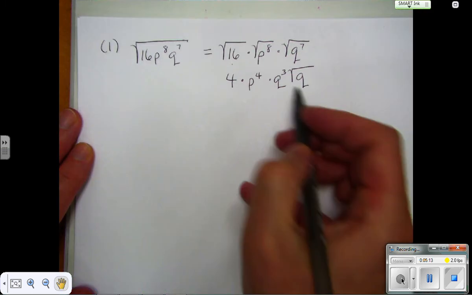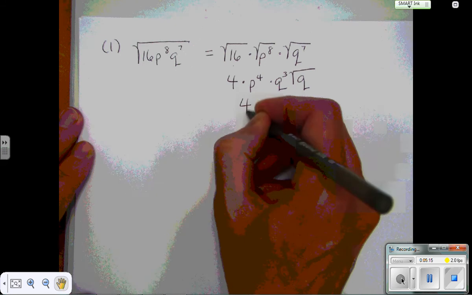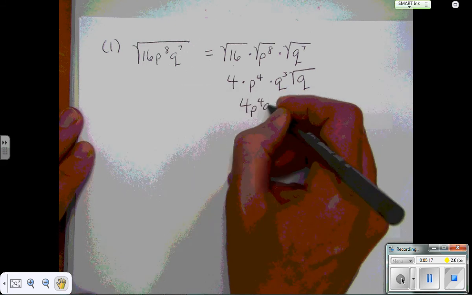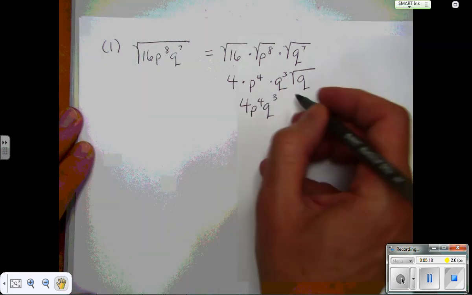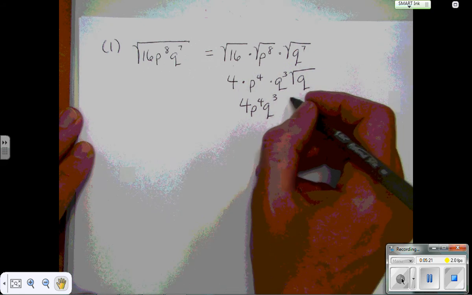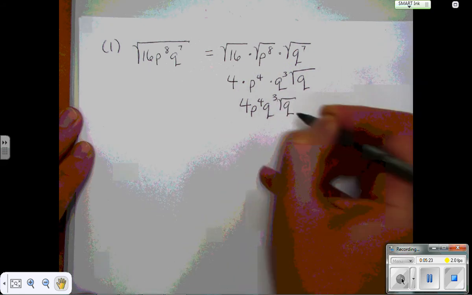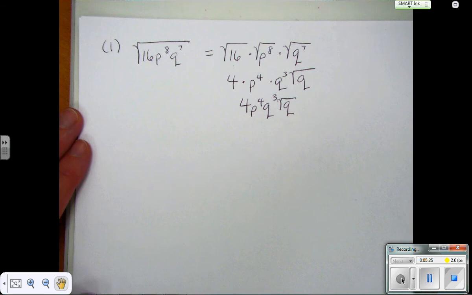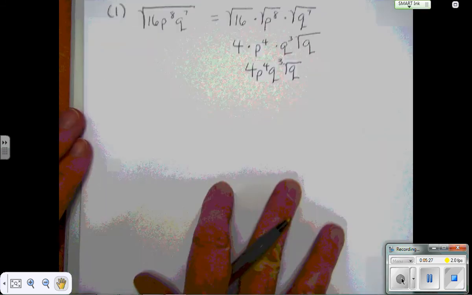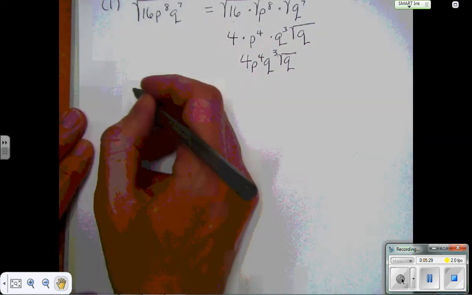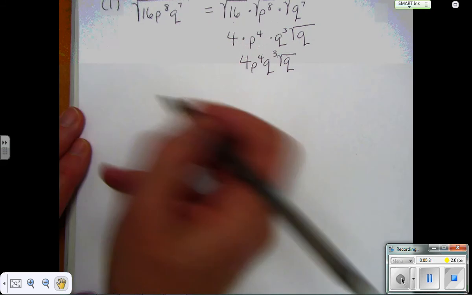So writing it all together without any of the little multiplication dots in between, you'd have 4 times p to the fourth, q to the third, square root of q. So let's do another one where you just have a radical left inside. This is not on your, well, let's just do number 2, might as well.